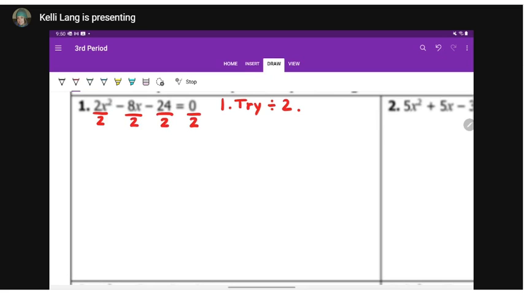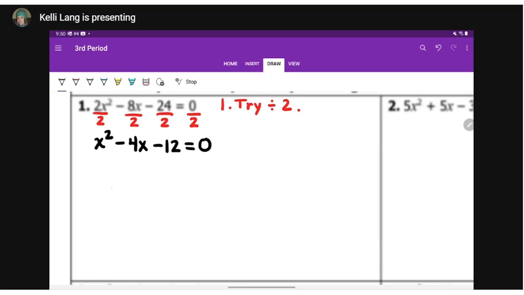Remember, both sides of the equal sign. And if all of your division results in whole numbers, then we're good, and it works out just fine. So this example does happen to result in all whole numbers. So when we divide everything by 2, we get x squared minus 4x minus 12 equals 0. This is a much simpler problem to factor.